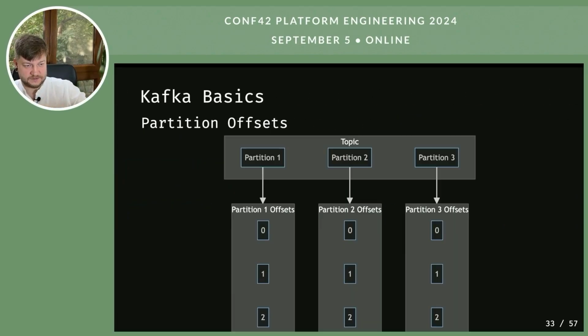About partition offsets, as we said before, we can think about this message queue as a log. One partition can have message 0, message 1, message 2. A partition is actually a sequence of messages. So one topic can have multiple partitions. One partition can have multiple messages ordered by date time.